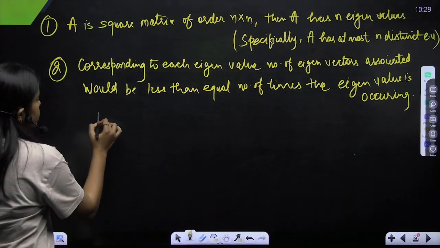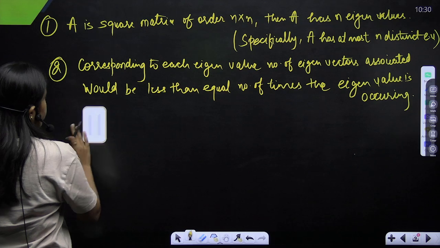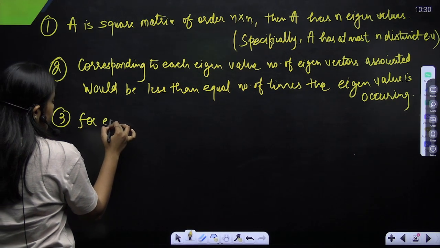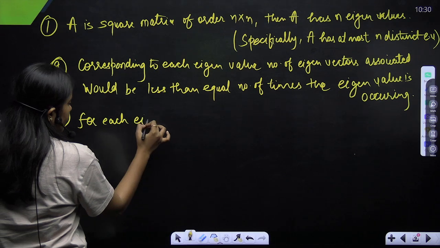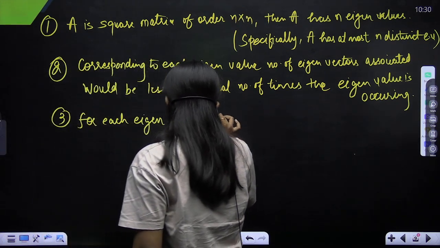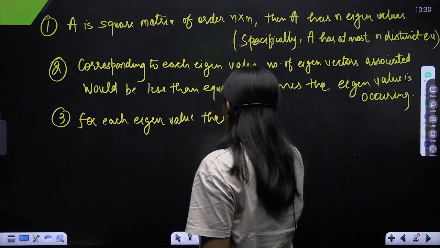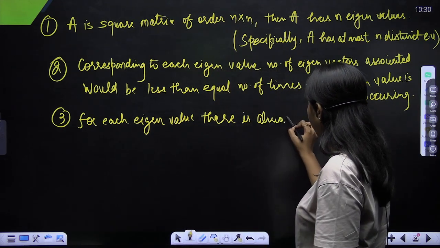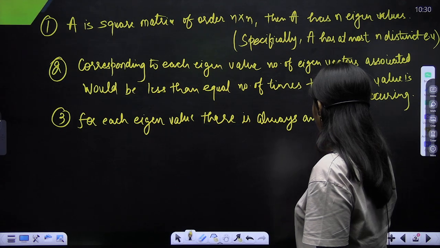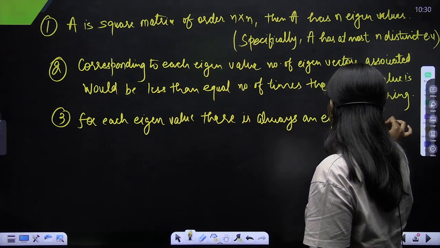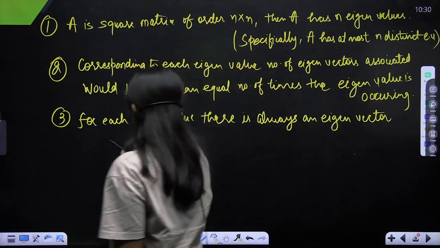Less than or equal to, and you can also write down that for each eigenvalue there is always an eigenvector associated with it.